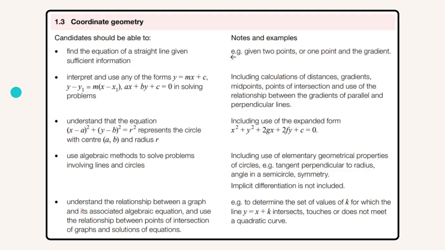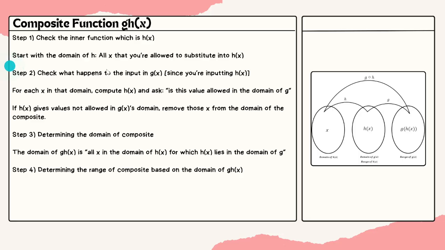And one more point for composite functions. There is gh of x, but it's also possible to ask you gh of x whole inverse, and you might see that in most cases gh of x would be a quadratic.